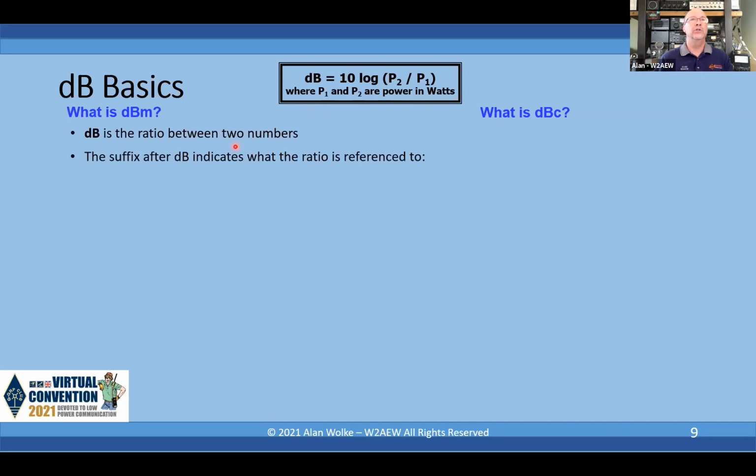It's only when we add a suffix to the dB, like dBm or dBc, that it takes that ratio and we tell it what that ratio is now referenced to. So for example, a dBm means that we're referenced to a milliwatt, which means that P1 is a milliwatt. So 0 dBm, because the log of 1 is 0, and 10 times 0 is 0.